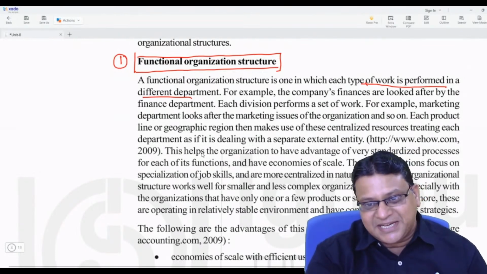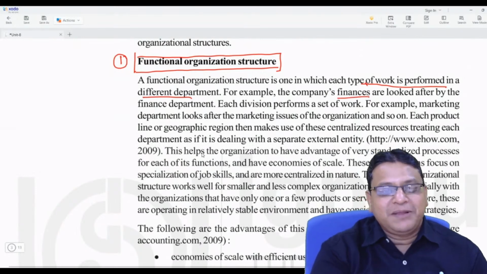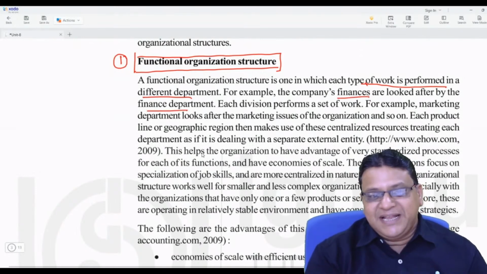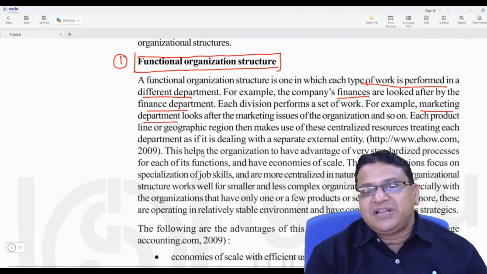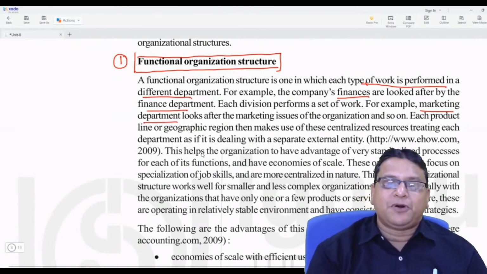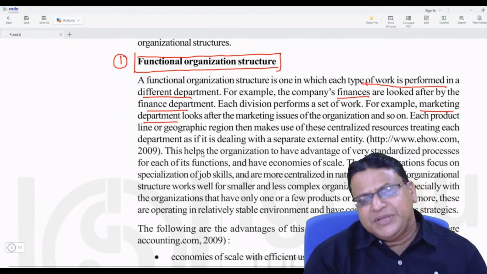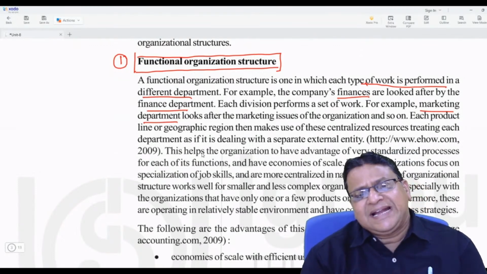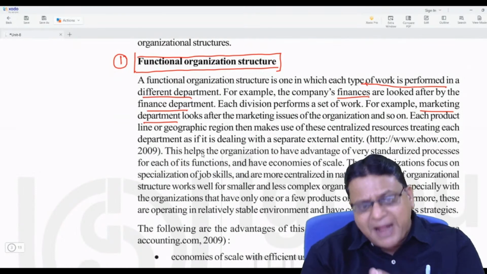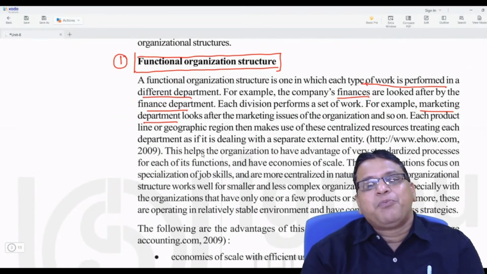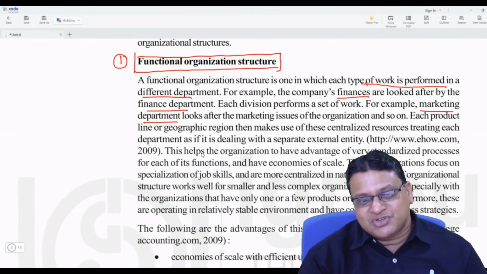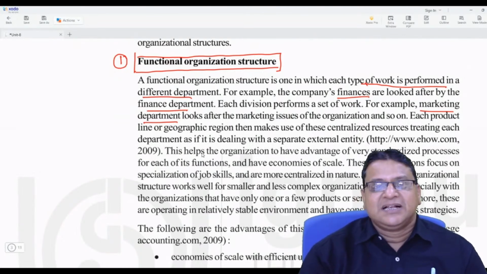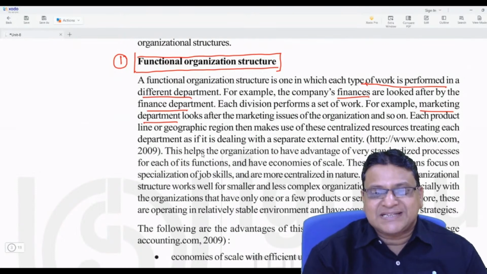Finance related works are done by the finance department. Marketing related works are done by the marketing department. Production related works are done by the production department. So in an organization, we create different departments on the basis of functions, and this type of organizational structure is known as functional organizational structure.